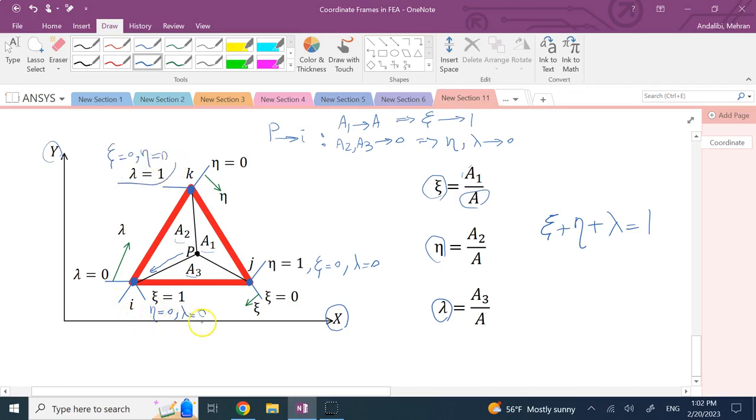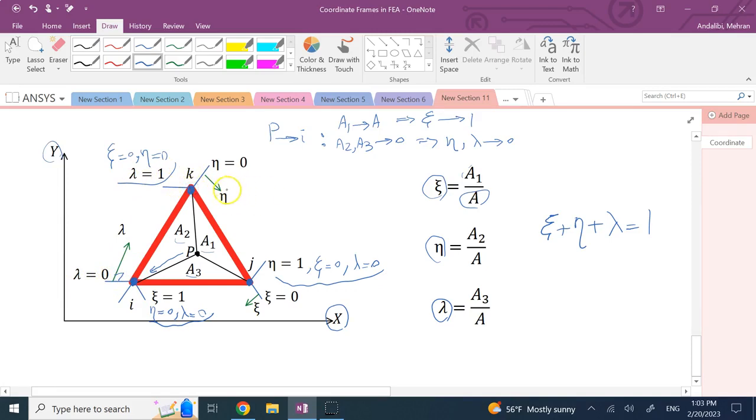So each corner has one of the coordinates as 1 and the two other coordinates as 0. And you can see the direction in which each entity is increasing. At I, you have lambda of 0, and it increases in the direction normal to this edge to go to lambda of 1.